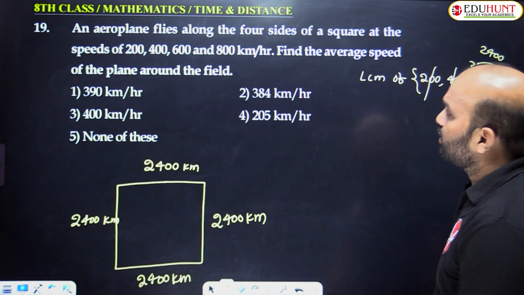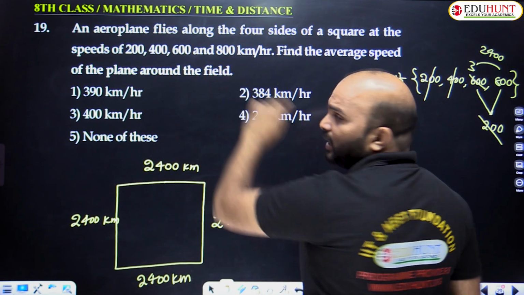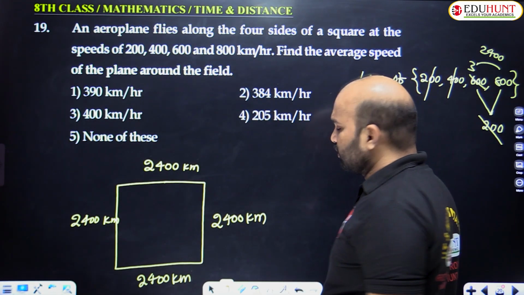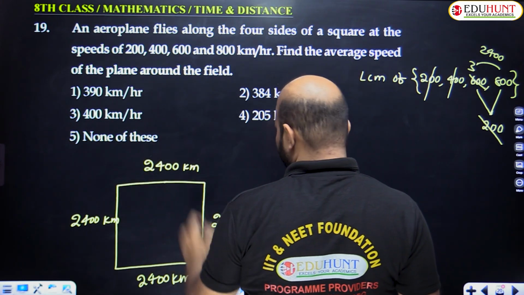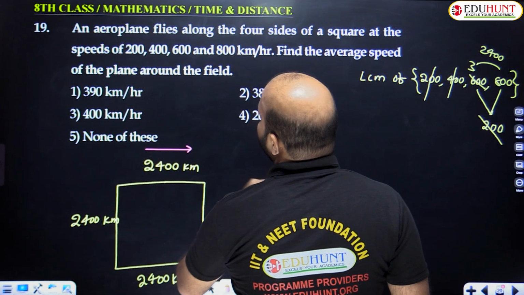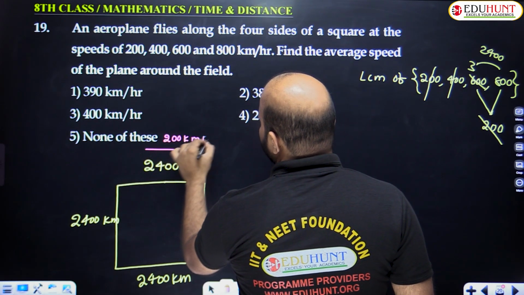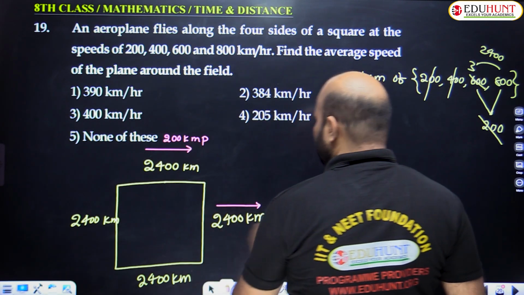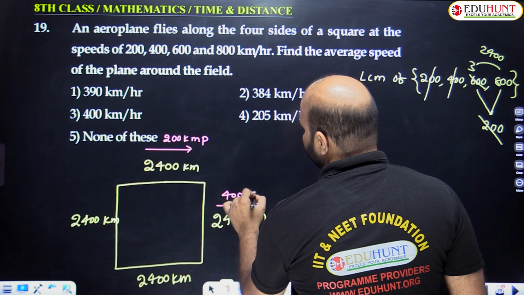Given the speeds of 200, 400, 600 and 800 kilometers per hour respectively, we need to understand that the first 2400 kilometers is covered at the speed of 200 km per hour. The next side of 2400 kilometers is run at the rate of 400 km per hour.